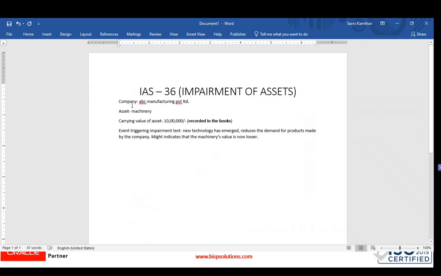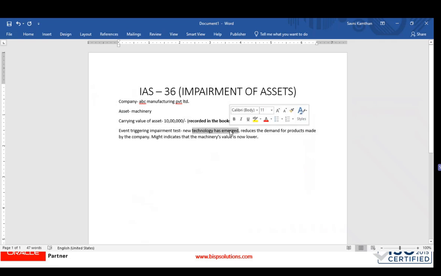So what is the name of the company? We have named it ABC Manufacturing Private Limited. They have purchased machinery for manufacturing operations. The carrying value is 10 lakh rupees, which is recorded in our books. What is the event which triggers the impairment test to be done?